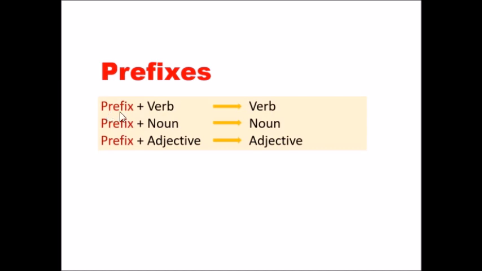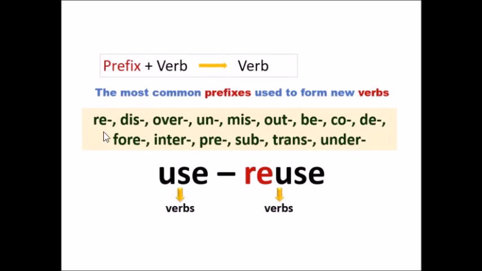Okay, let's see the first one. To the first one, we should know what verb prefixes are. You can see here in green letters, these are called verb prefixes. We use verb prefixes to change the meaning of the verb or to construct or form another verb.